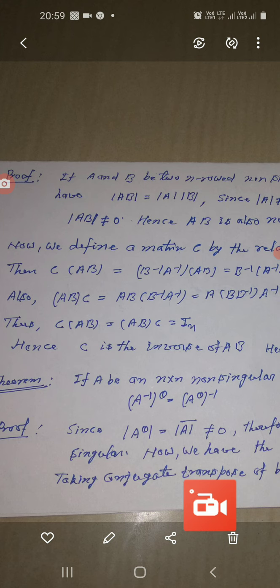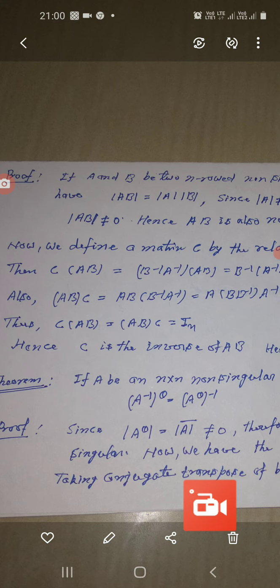Thus we see that C into AB is equal to AB multiplied by C is equal to In. Hence C is the inverse of AB, and hence we prove the theorem. This theorem is sometimes asked in your exams, so do this.